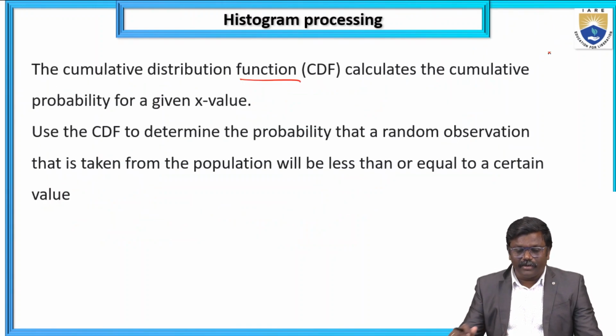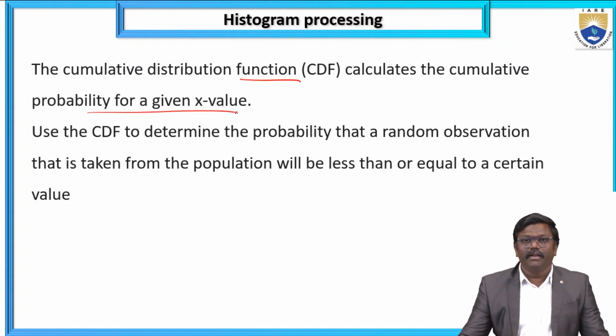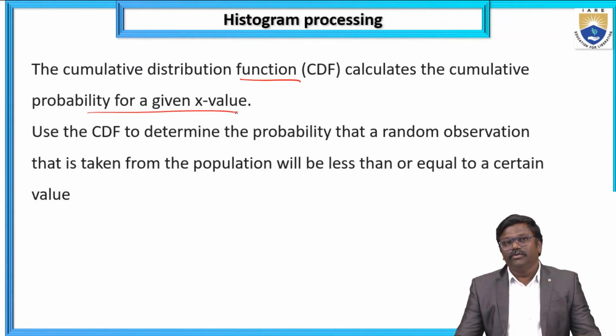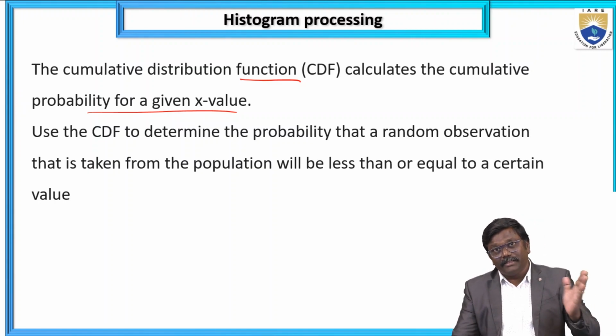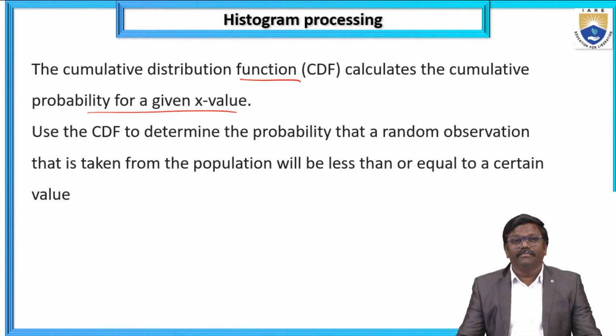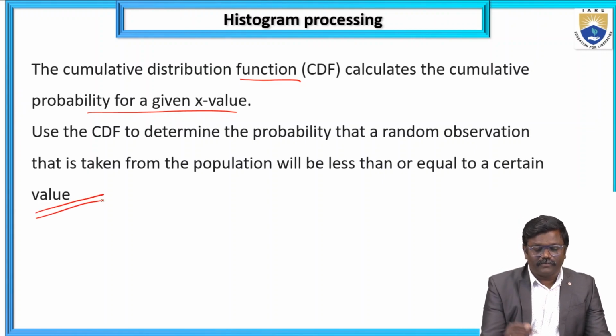Such a distribution function calculates the cumulative probability of the given x-axis values, which is used to determine the probability that a random observation taken from the population will be less than or equal to a certain value.